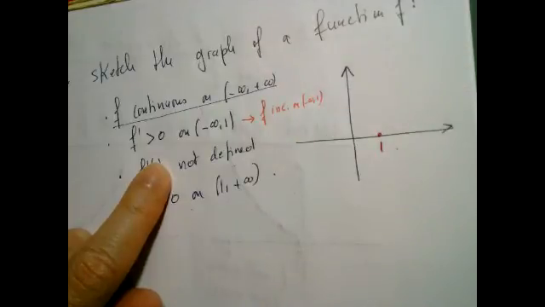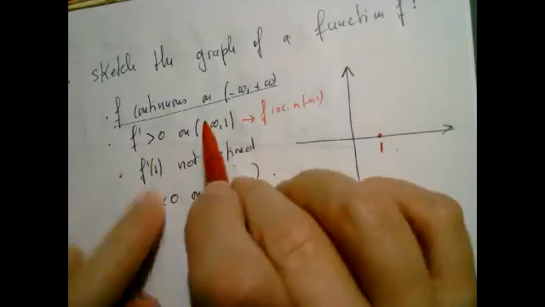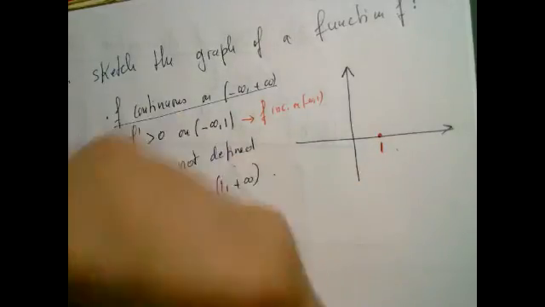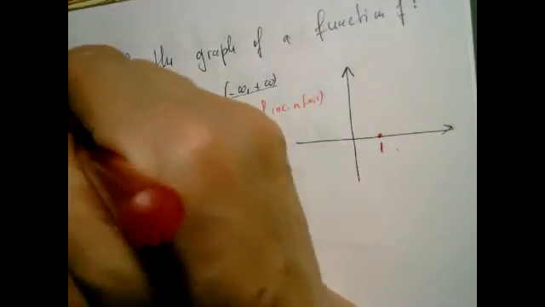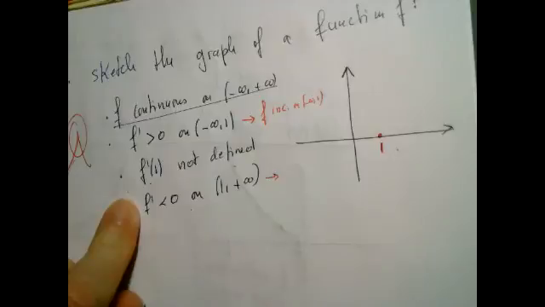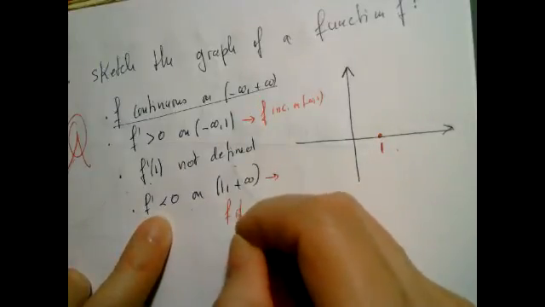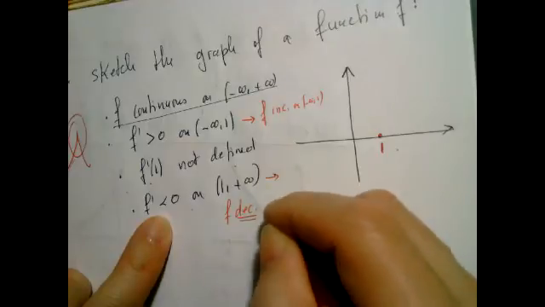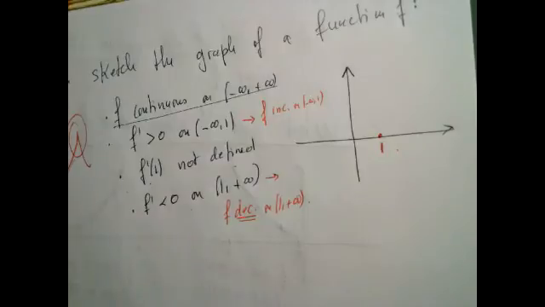That's how we're going to immediately always interpret the information we have. So it's positive, it means the slope, so the function has to go up. Now, f prime at 1 not defined, it means, you know, we have this kind of picture right there. F prime is negative, it means f decreasing on the interval 1 to plus infinity.